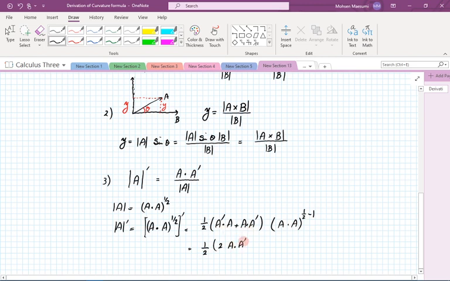These two are the same thing, so I'm doubling on that. 1/2 minus 1 is minus 1/2, so I might as well write it in the denominator. Well, let's clean up. These twos cancel out. The numerator is a prime. The denominator, well, this is the length of a itself.